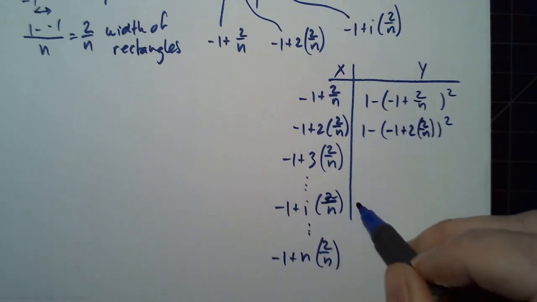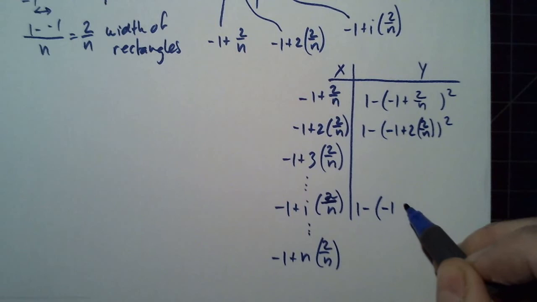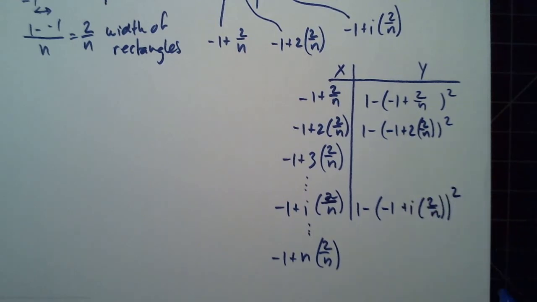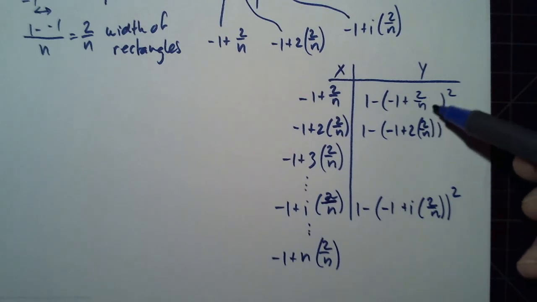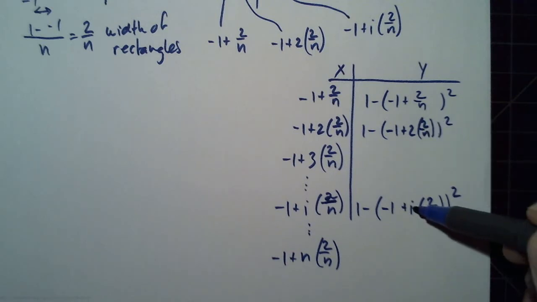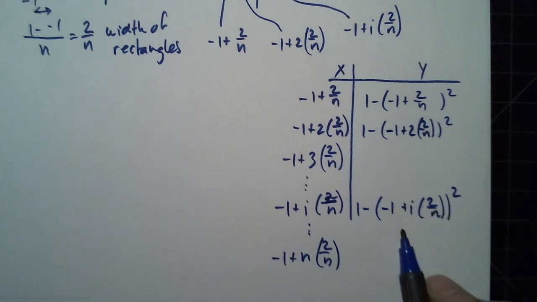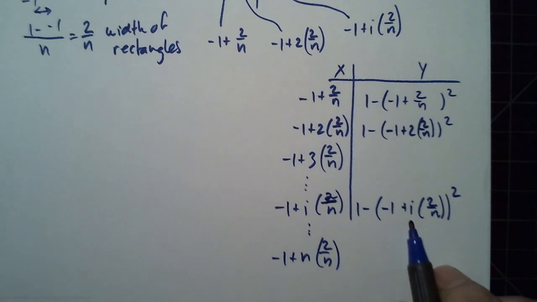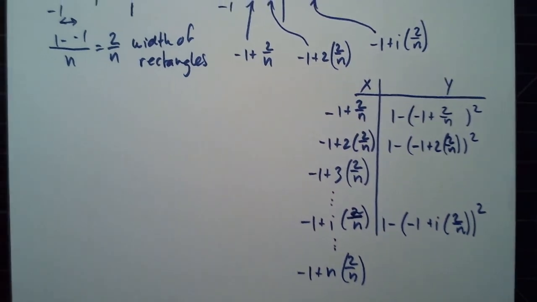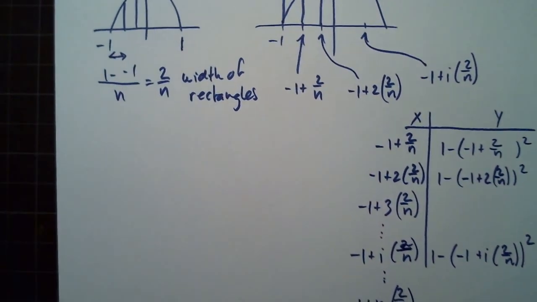Here's the one that we really need, 1 minus x squared, because we don't want to write every actual representation of y values. We want to find a generalization of the y value, which means the ith y value, and then we can find area. Okay, so let's find the area of the ith rectangle.